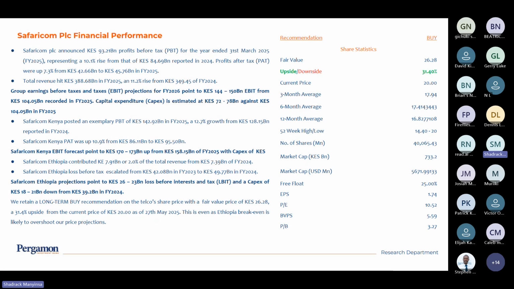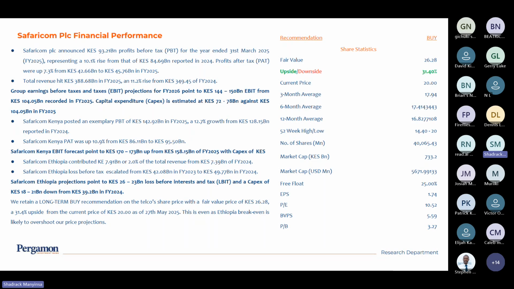Remember when Safaricom entered Ethiopia in 2022, we saw the price hit around 40 shillings per share, actually around 44 shillings. But now the projections are as from March 2026, when we expect, around May next year, that is 1 year from now, when they announce their financials for 2026, an upsurge.